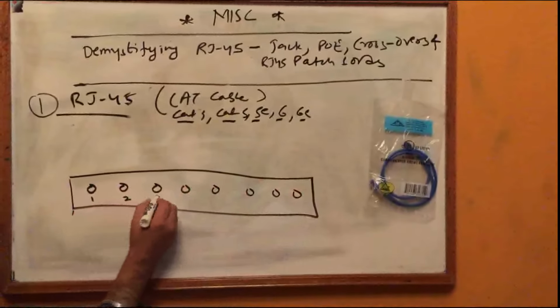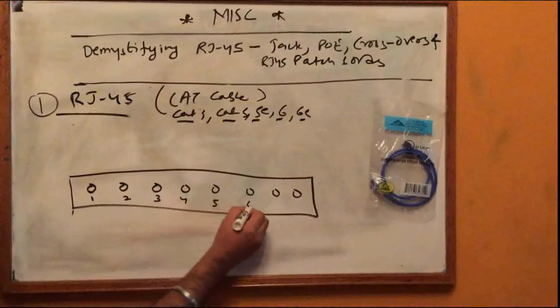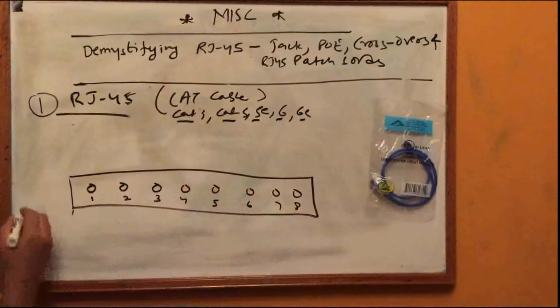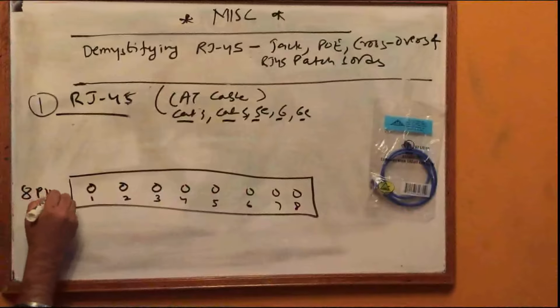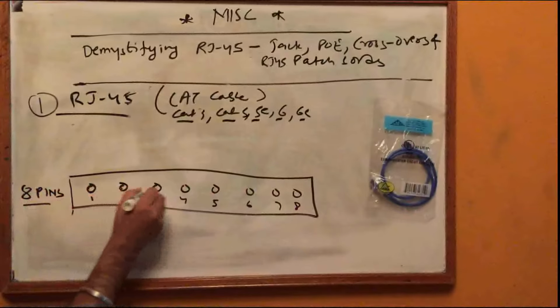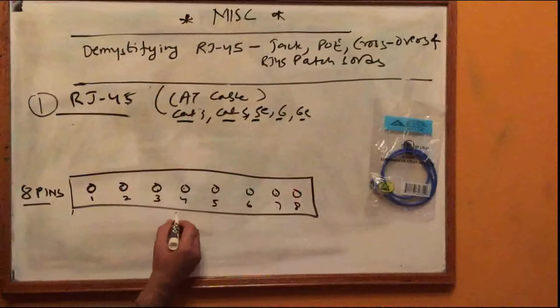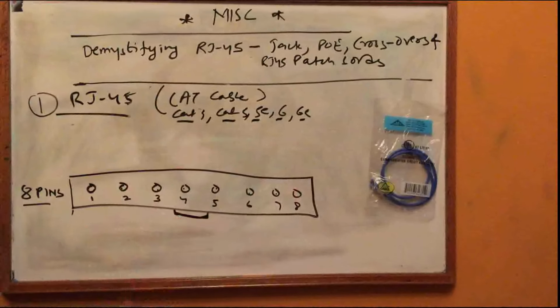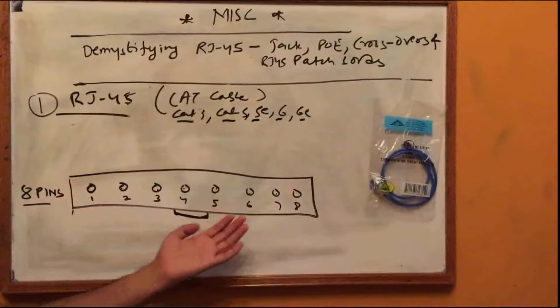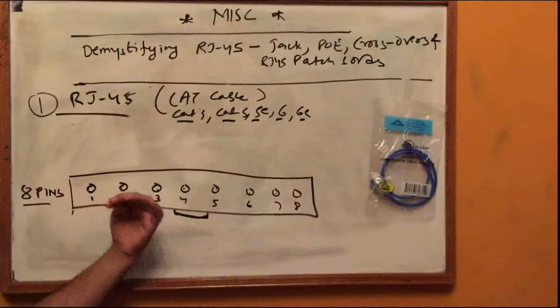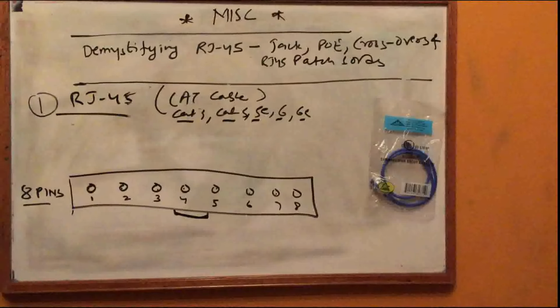So there are a total of 8 what? Pins. 1 pin, 2 pin, 3 pin, 4 pin, 5 pin, 6 pin, 7 pin, 8 pins. And this is the latch underneath that. So I'm looking towards the connector from right in front of me, right?